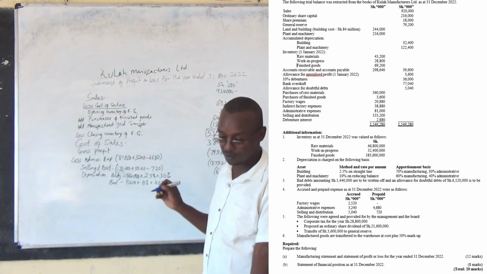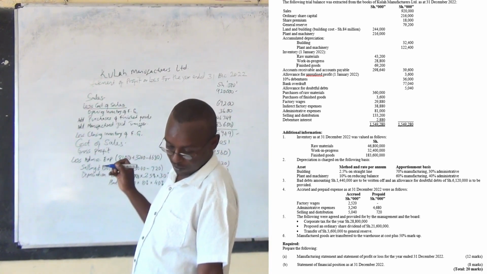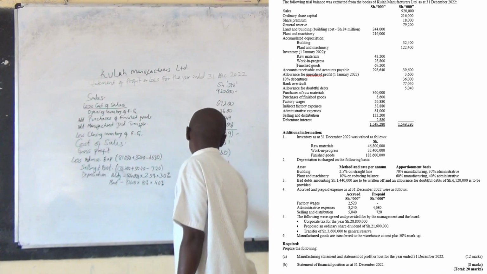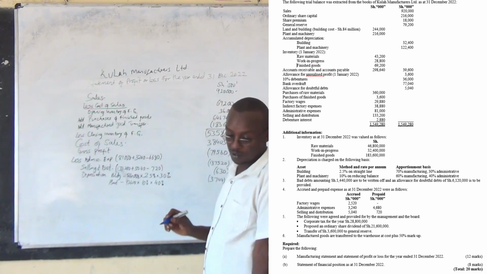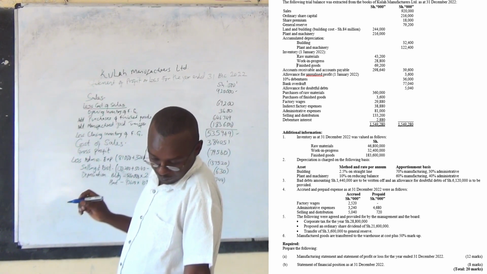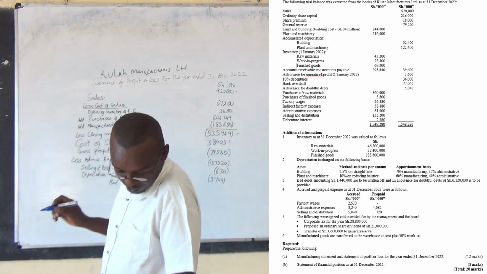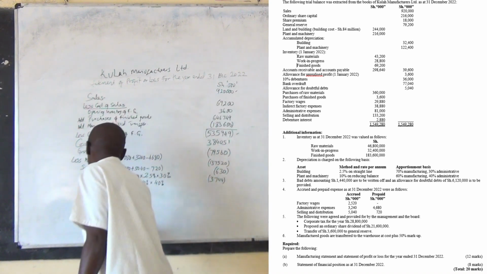You get what? 3,744. So this one, we have another expense, bad debts written off.